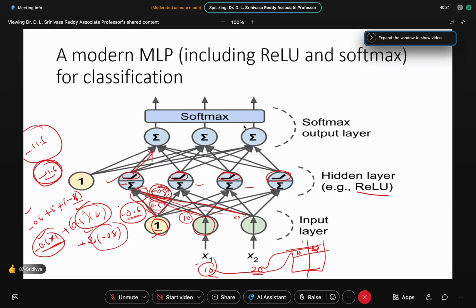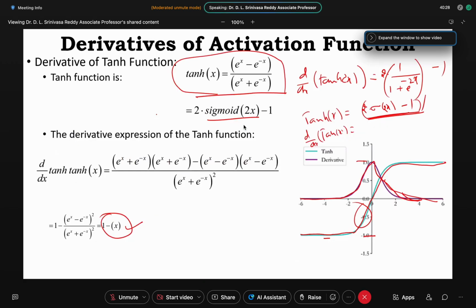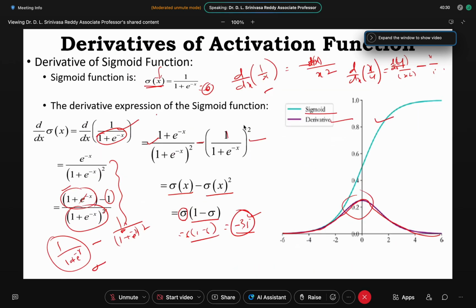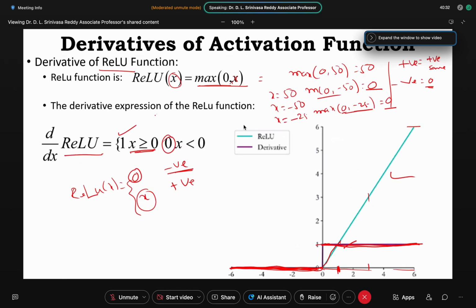But I told you that all these neurons are using an activation function. What is that activation function? It is the ReLU function, right? What it says is that the ReLU of any input is the same value when that input is positive, and the ReLU value is 0 when that input is negative.